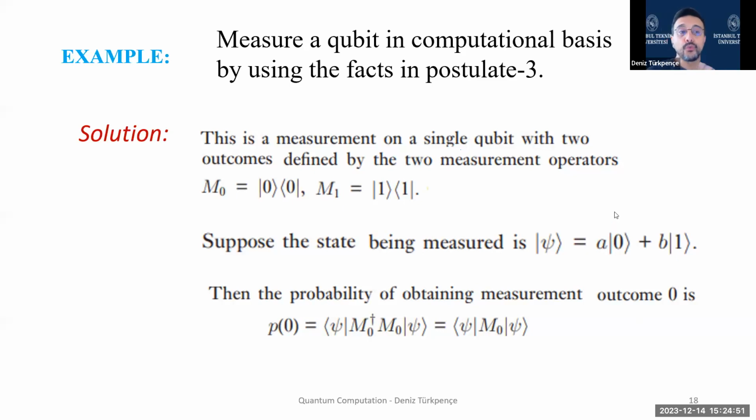If you want to find the probability to observe the qubit in state 0, you should use the M0 measurement operator here. And the way you apply this measurement operator is just like this. So if you take this inner product, you will find the probability to find the qubit in state 0 after the measurement, okay?